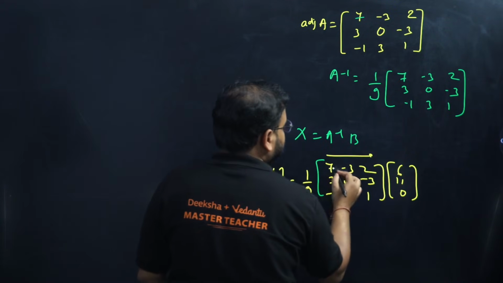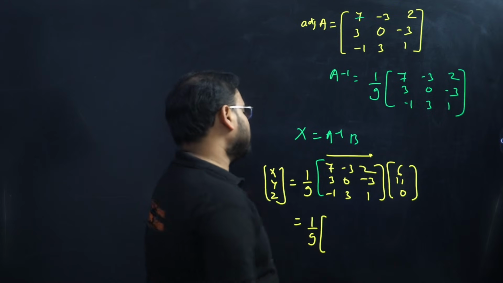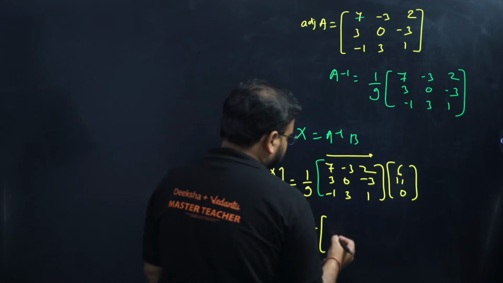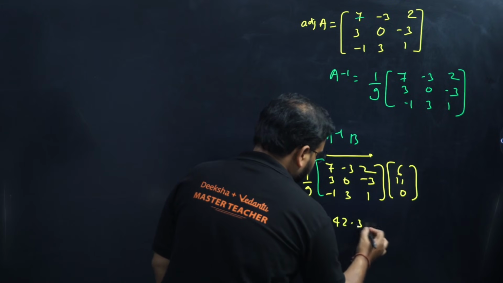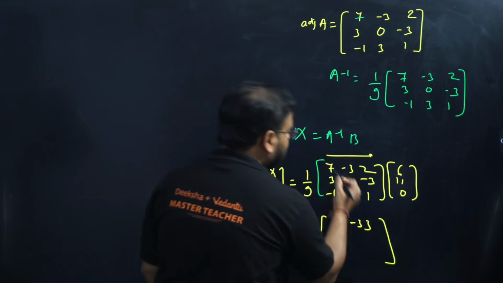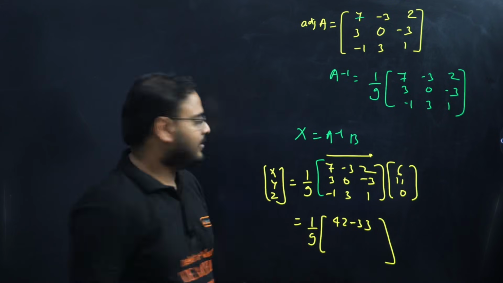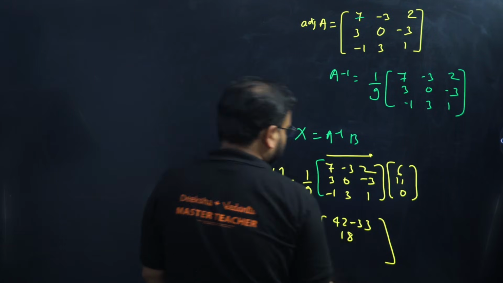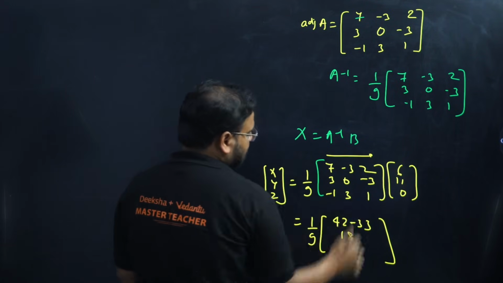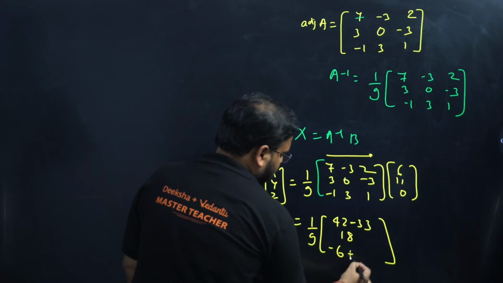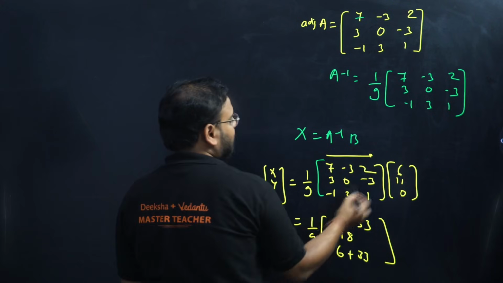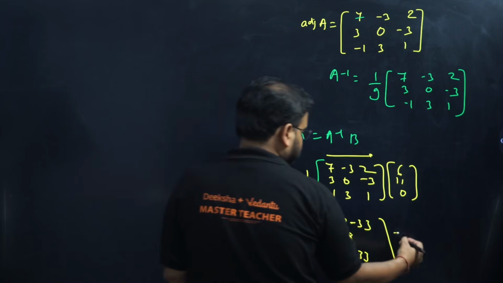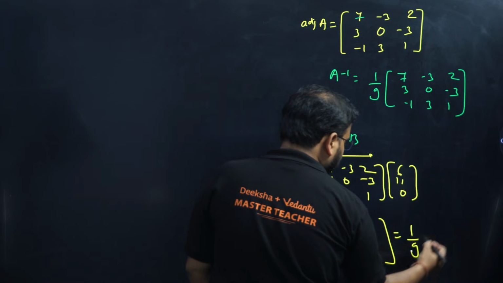Row to column. We get 7 times 6 is 42 minus 33. Next, 3 into 6 is 18, so this is simply 18. Then minus 6 and 33. Simplify with 1 by 9.